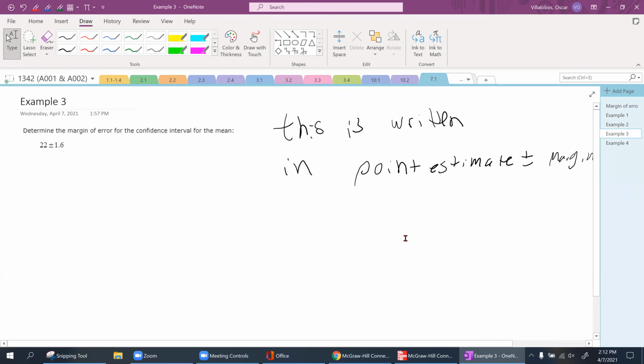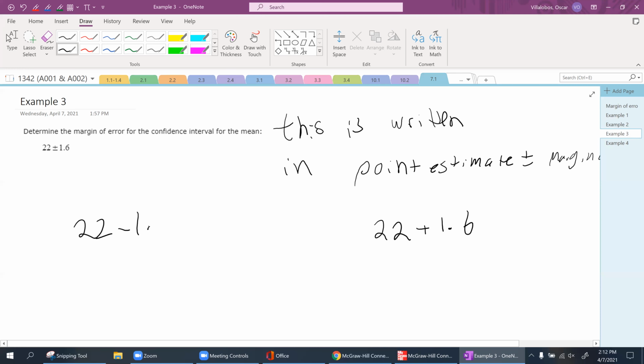Our third example: determine the margin of error for the confidence interval for the mean. If you remember from our college algebra course, plus or minus states that we have two answers. One answer is 22 plus 1.6, and the other answer is 22 minus 1.6.